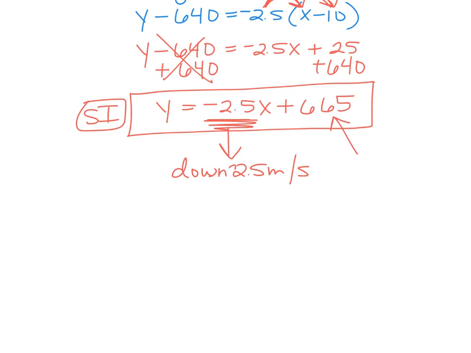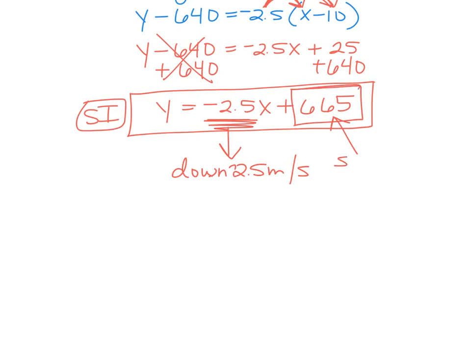On the graph, it has to go down. What is this called in slope intercept form? It's the b, the y-intercept. Your y-intercept is where x is 0, so it's your starting point.